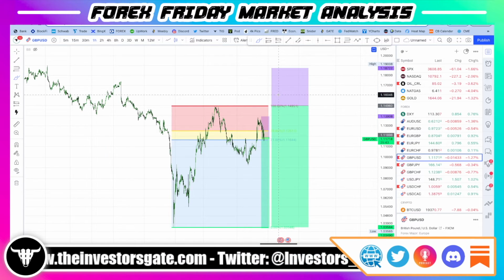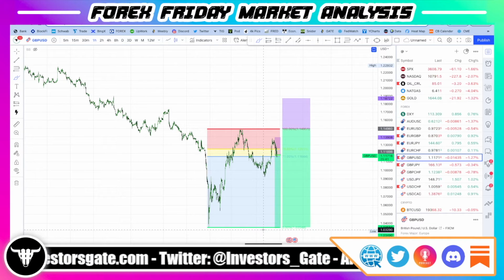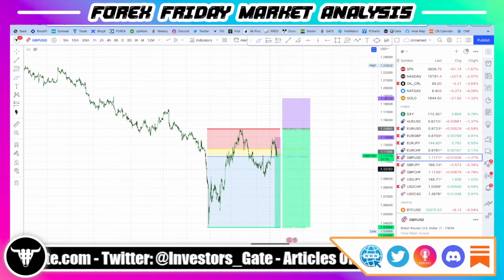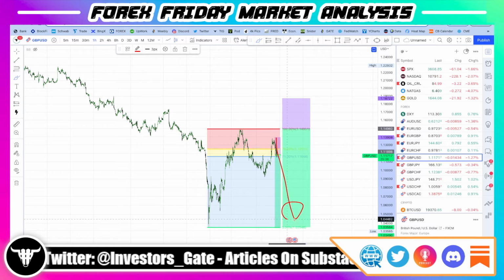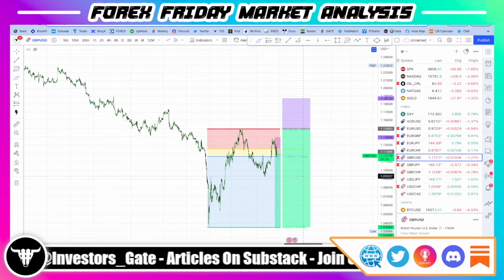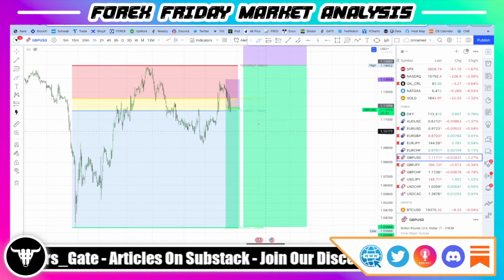But longer term, I think we will be maybe not a lower low, but at least range bound and headed lower to the bottom end of this range. That is, again, my base case. So we'll see how this works out.